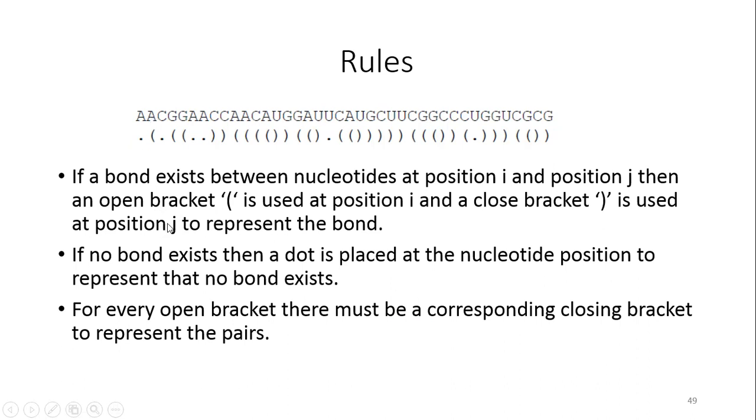That would be your jth position. Now if no base pairing exists for a base, we give a dot over there, to represent that it is not base paired with any other residue. So the rule is that for every opening bracket there must be a corresponding closing bracket to represent the pair.